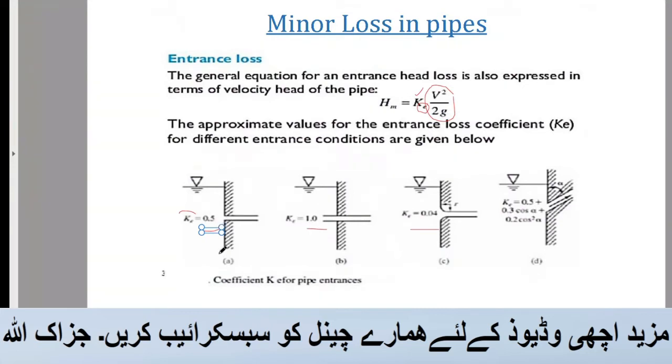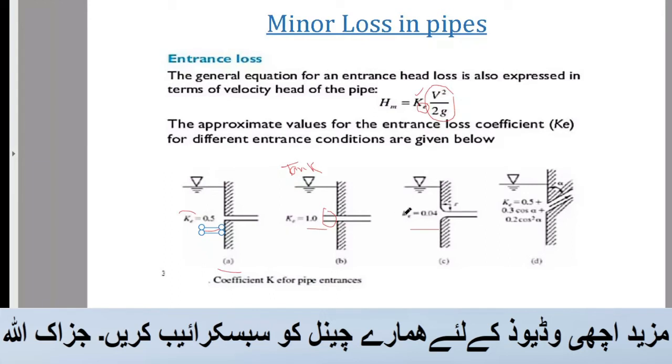For example, in the first figure its value is 0.5, and if the entrance is changing, for example the entrance is a little bit inside the reservoir or inside the water tank, then definitely the entrance coefficient will also change. So here it varies with respect to its shape.